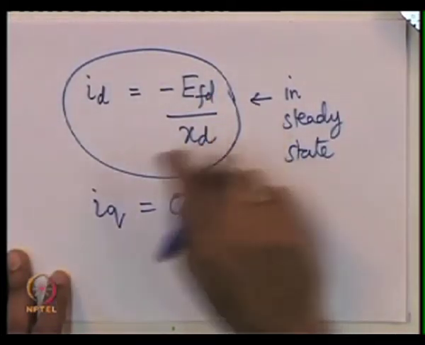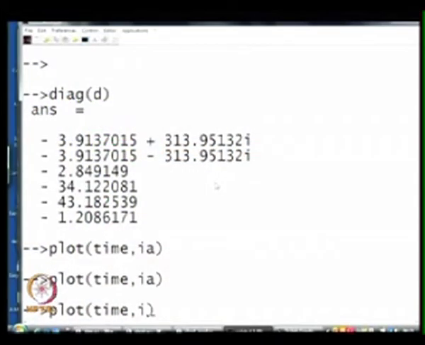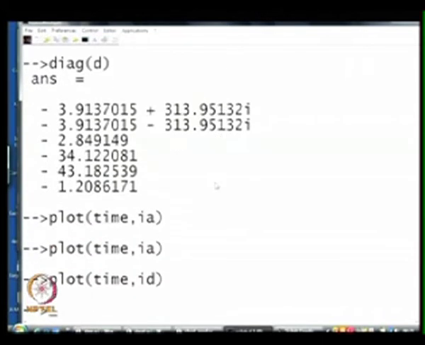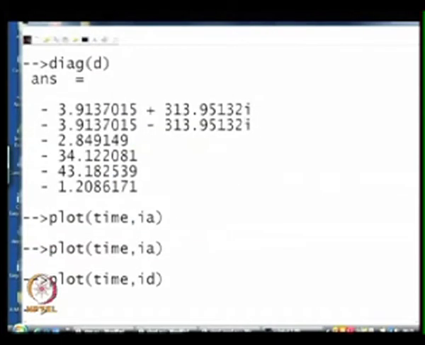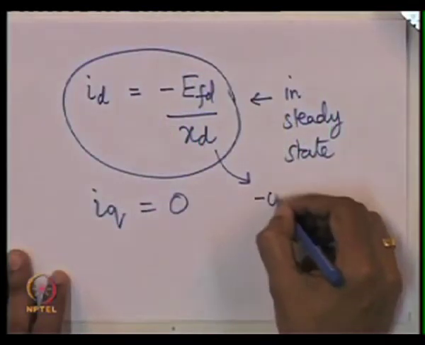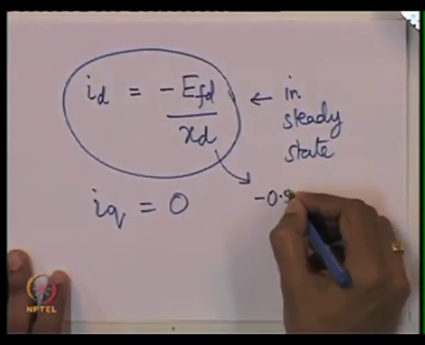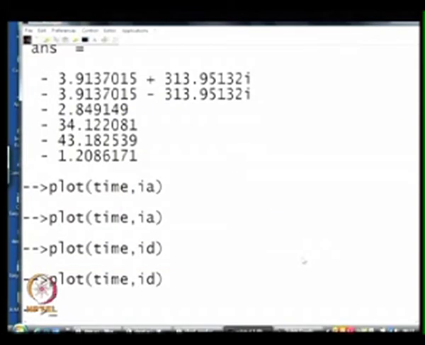So let us just verify that this is true. We will check the value of ID. Although there is an initial transient, the steady state value of ID is approximately minus 0.55, and EFD is in fact 1.